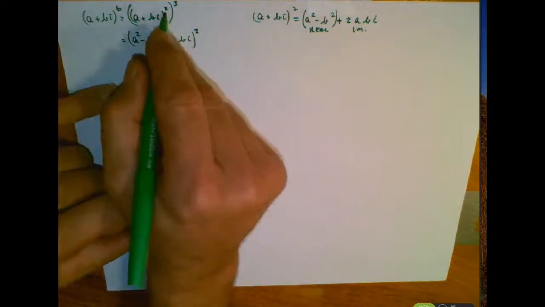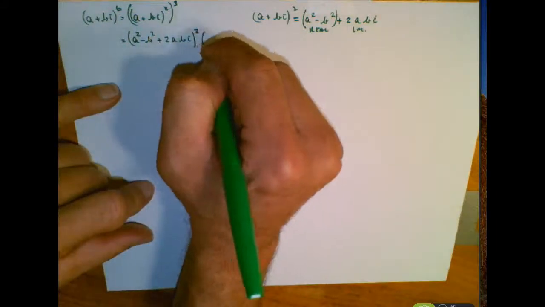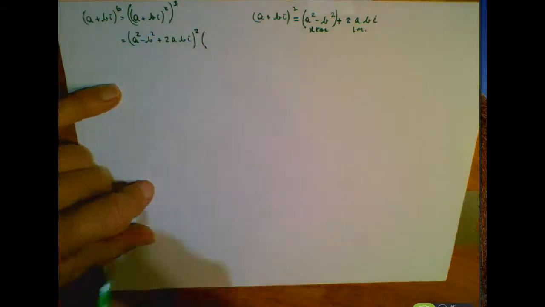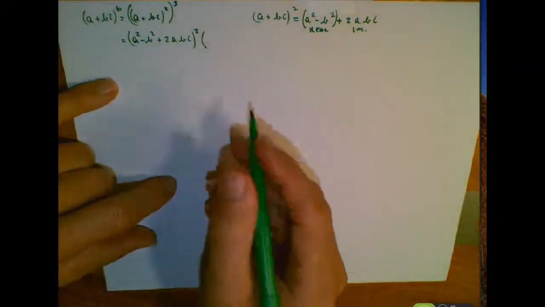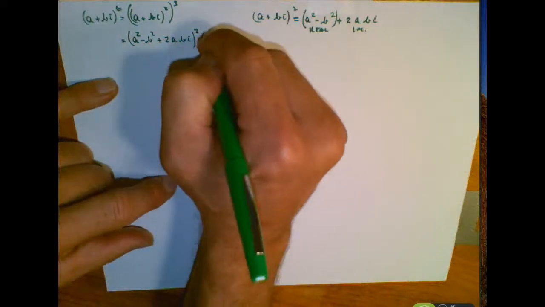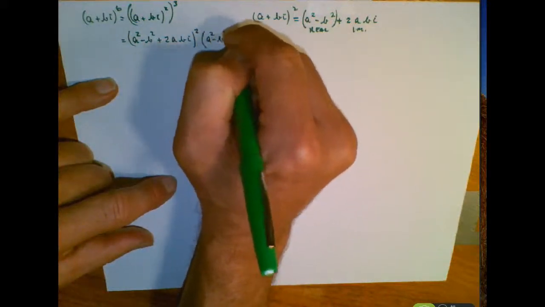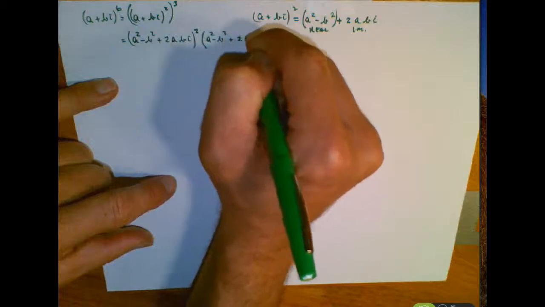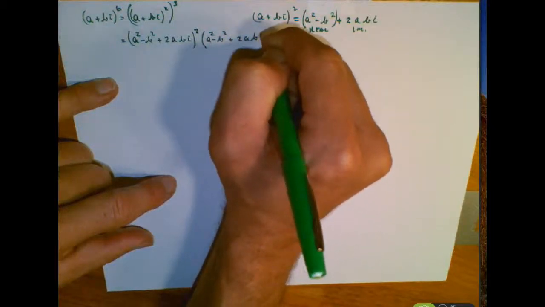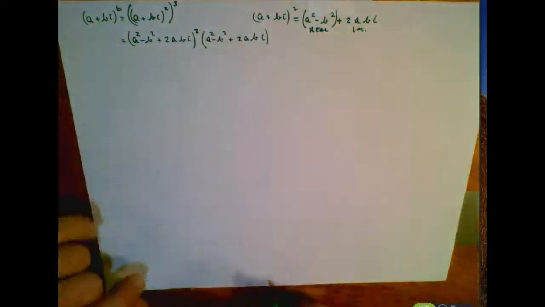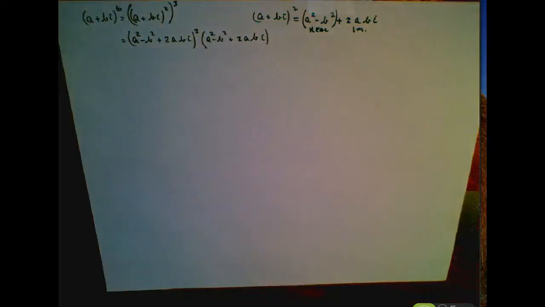And that takes care of two of these. And then the last one is just, again, (a + bi) squared, which we know what it is: a squared minus b squared plus 2abi. Okay, so now we've taken care of that.